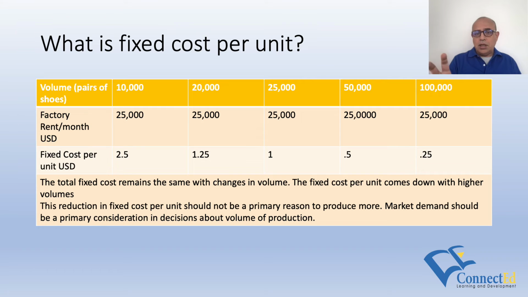Without addressing that question, increasing the volume just to reduce the cost per unit may not make sense. So the fixed cost has a slightly treacherous kind of behavior. It leads you to believe that you're reducing the cost by producing more. Don't get lured by that. But of course, scale economies do apply, and it might make sense to produce more as long as there is a market in which you can sell it.